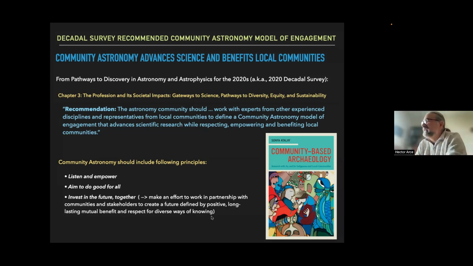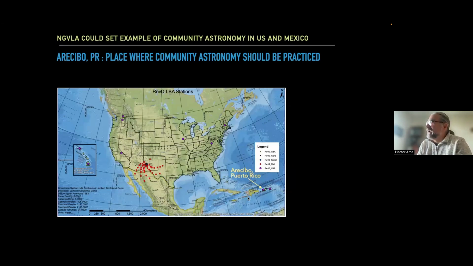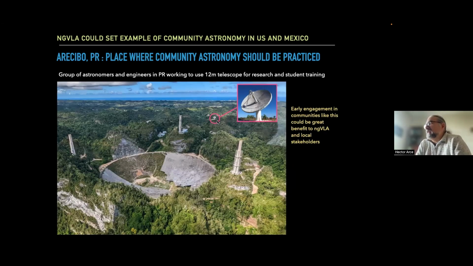The reason I gave this slide is that one of the antennas will be placed in Puerto Rico. Specifically, they mentioned that it's at the Arecibo site. Currently, there are astronomers and engineers working in Puerto Rico to resuscitate a 12-meter telescope at the Arecibo site.